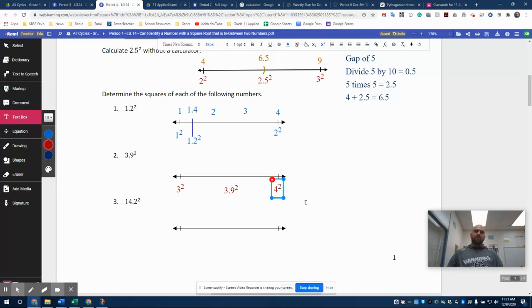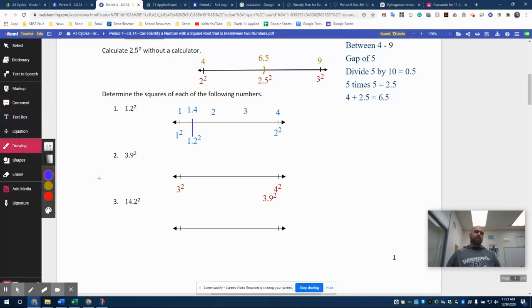Okay, so there's my natural numbers, and here is the one with the decimal. Now it's probably going to be over here, and I'm going to draw a line right about there. That's where my 3.9 is going to go. It's really close to 4.